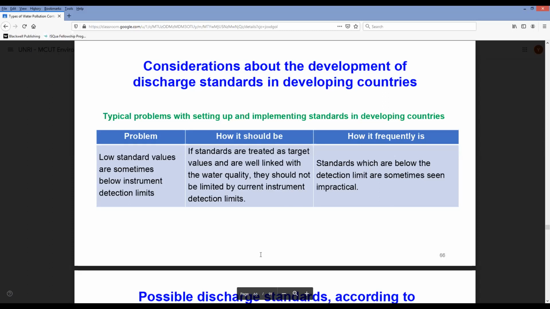And if you set up a regulation which is below the detection limit, then the instrument cannot measure that concentration. So actually it doesn't work. Okay, so next please.